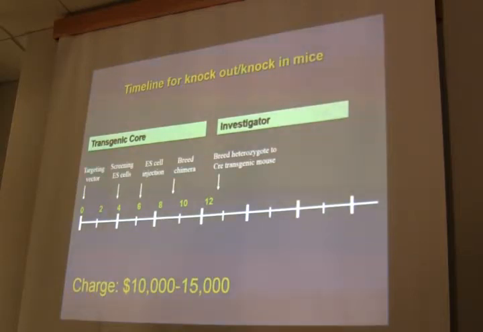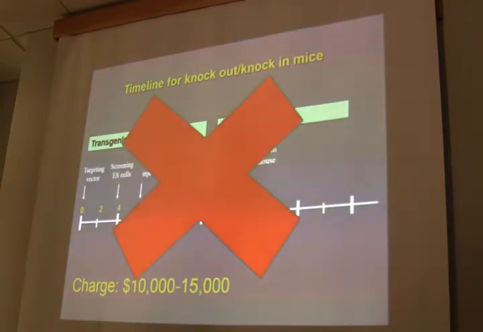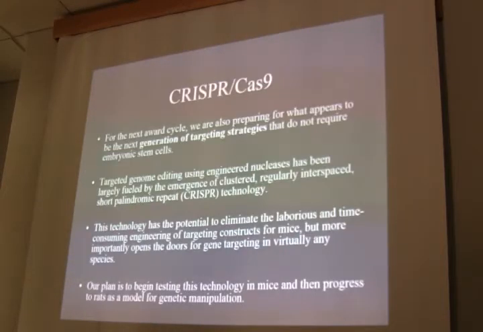So as I said earlier, it's going to take us 12 months, and then it's going to take you guys another 12 months to a year to get your germline transmission and experimental animals. And it's going to cost about $10,000 to $15,000 if we do it. So now this CRISPR comes along about 2 years ago that's really going to speed the world up.